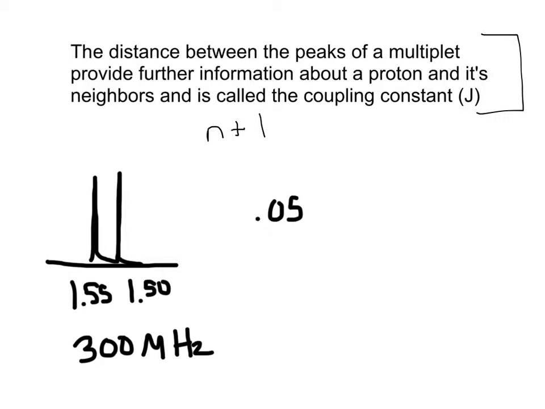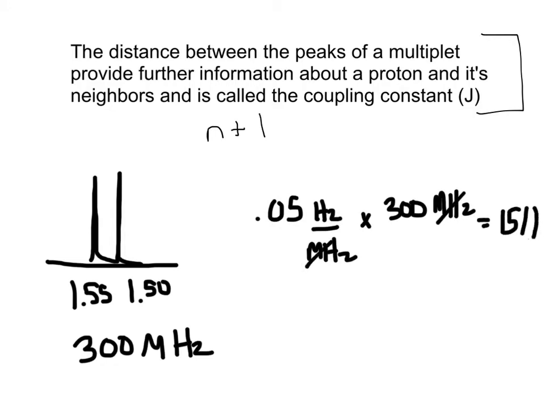So we're talking about hertz over megahertz for our ppm, and we multiply that by our magnet strength, which is 300 megahertz. The megahertz cancel out, and what you get is a coupling constant that is measured in hertz. In this case, we'd find the coupling constant was 15 hertz, since 0.05 times 300 is 15 hertz.